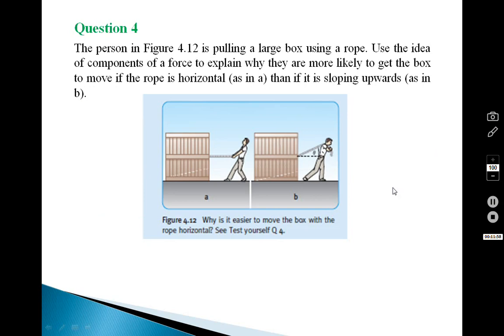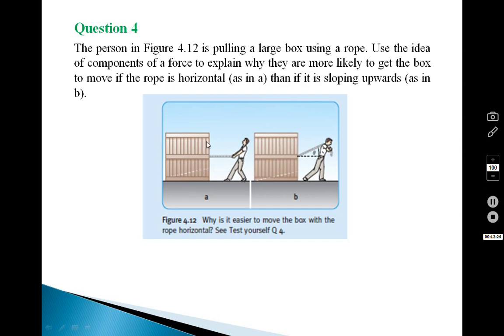Now we'll move to question number 4 on page 58. As we can see in this question, the person in figure 12 is pulling a large box. The same person tries to pull the large box in 2 different ways.